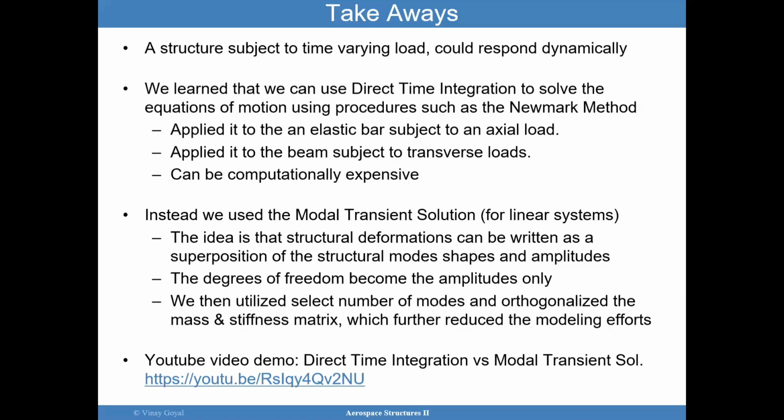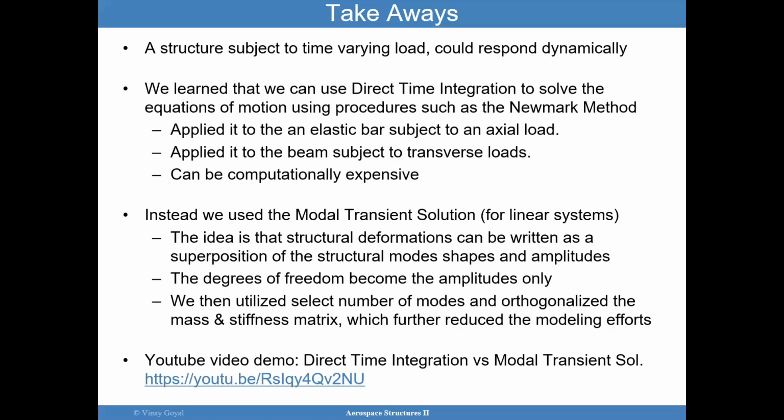One approach is to select the number of modes that really matter for the problem. And for that, we would like to look at the forcing frequency. If the forcing frequency is such that it doesn't really matter to consider higher mode shapes, then you can truncate the number of modes you consider, use these mode shapes, and orthogonalize the mass and stiffness matrix.